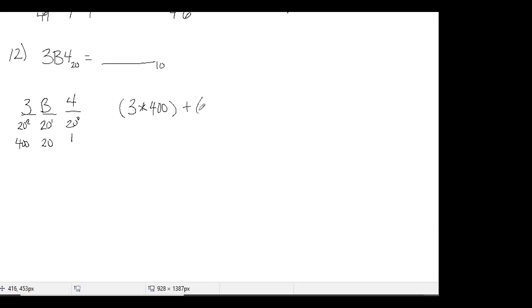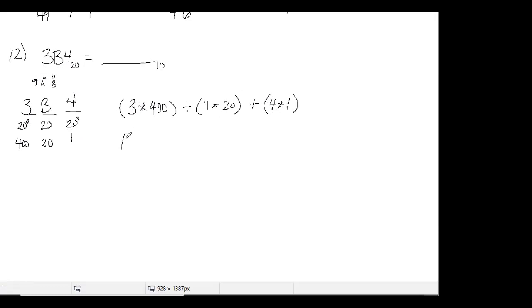Then we're going to add the next one, B. So remember, we have 9, and then A, and then B. So A would be 10, and B would be 11. So 11 times 20 to the first power plus 4 times 20 to the 0 power, which is 1.